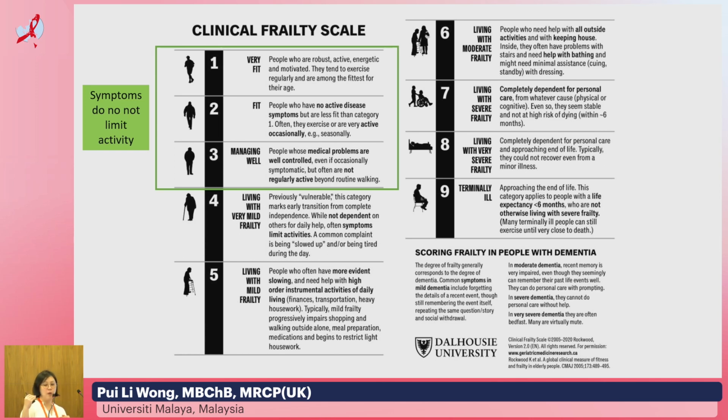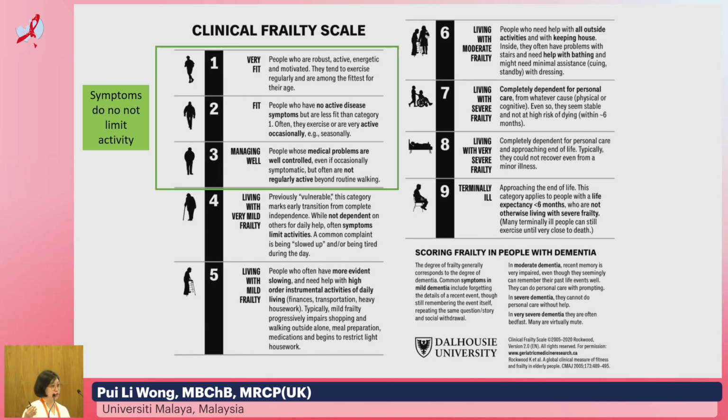For a score of 1 to 3, basically someone's symptoms do not limit their activity. So for 1 to be very fit, it would be an individual that exercises regularly, and they would say they're among the fittest of their age. I think as we go through this, we can probably try to score ourselves as well. Some of us maybe will fall into the very fit. Maybe some of us would have gone for a run this morning before we came here.